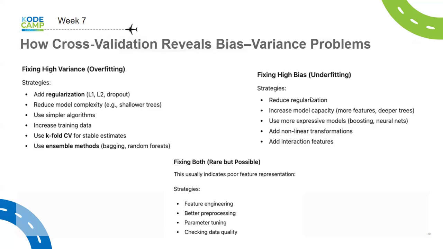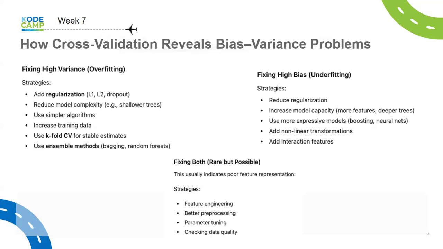If you're underfitting, then if you have regularization, reduce the regularization. This only really comes in when you have a model that you know is complex enough, sufficient to handle the data, right? But it is still underfitting and you are using regularization, then reduce the regularization. But if you're using a model that is incapable, then use a model that is more capable, change the model algorithm, or increase the model capacity.